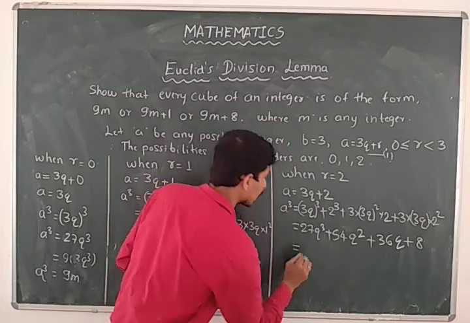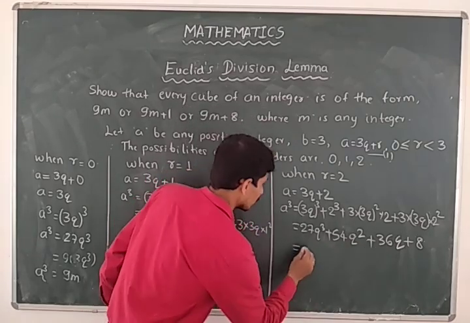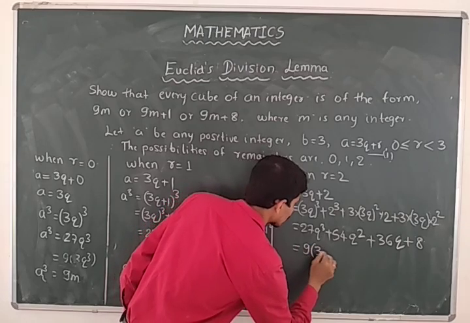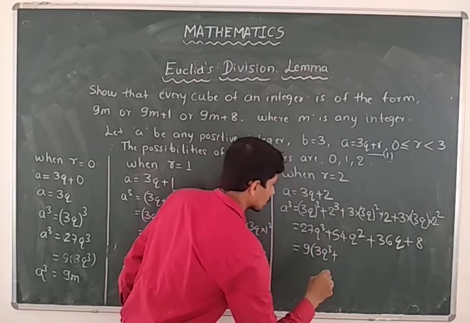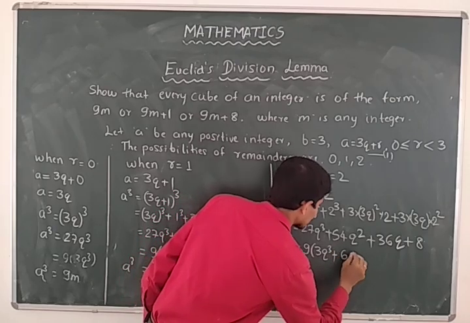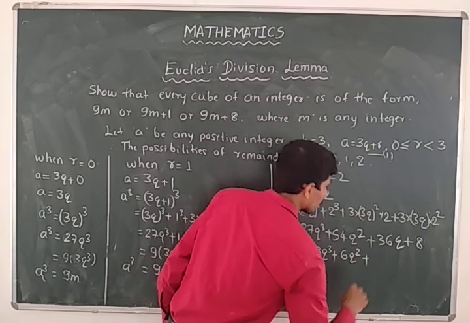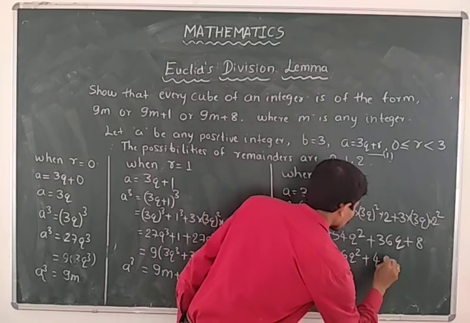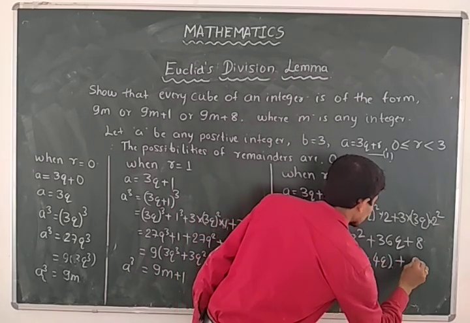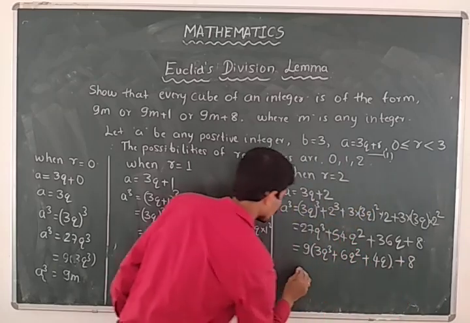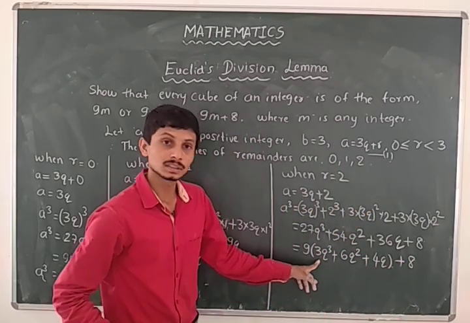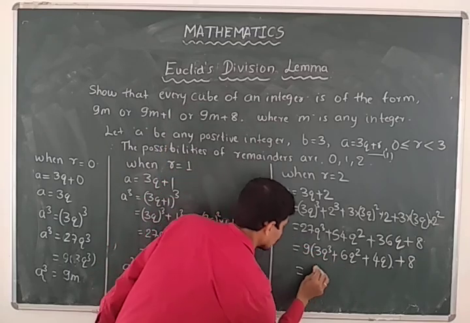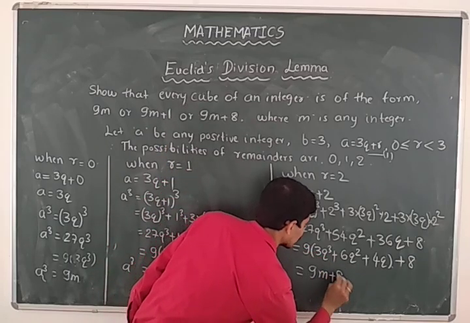Taking 9 common from these three terms, we get 9 times (3q cube plus 6q square plus 4q) plus 8. When I put 3q cube plus 6q square plus 4q as m, it means 9m plus 8 here.